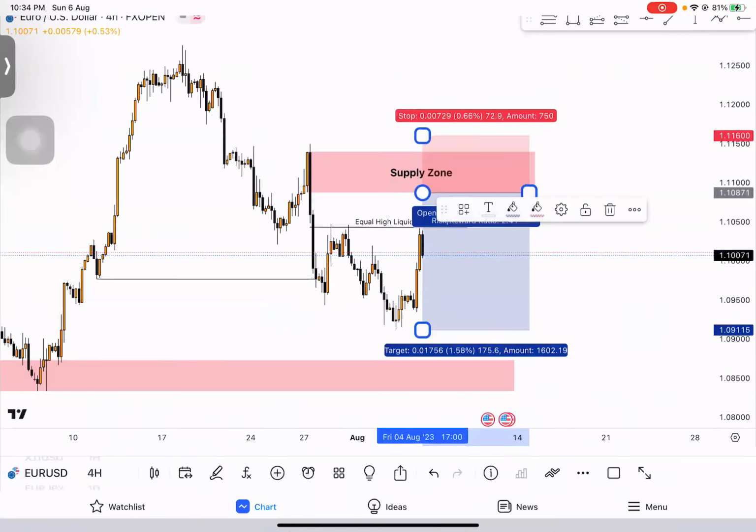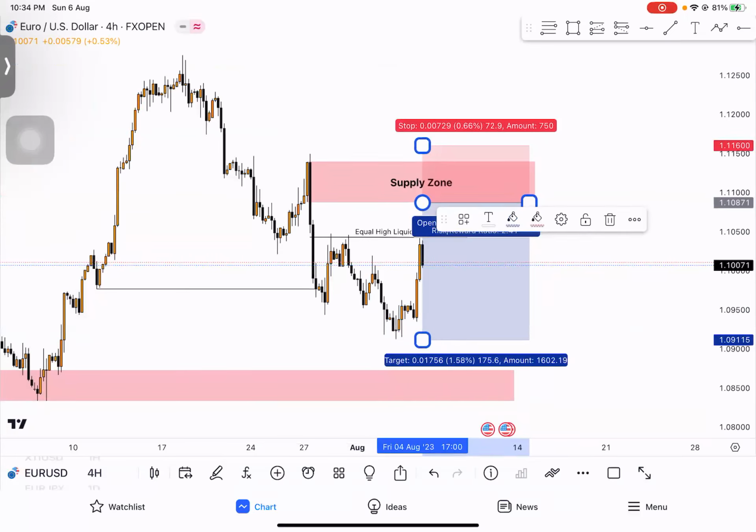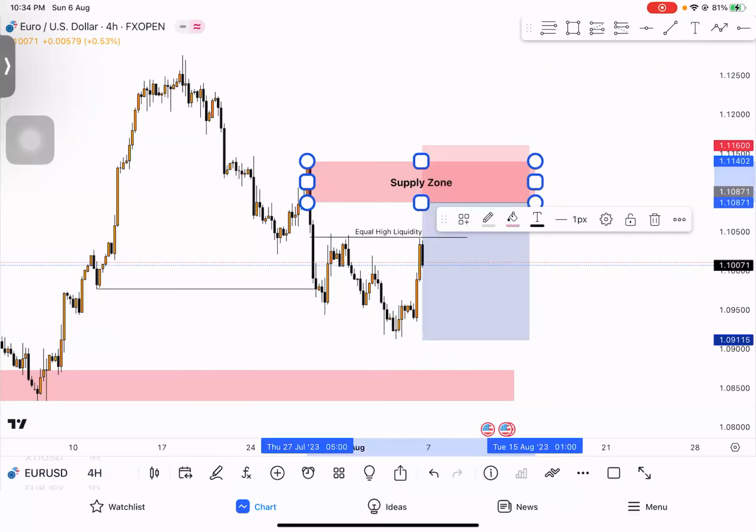For me, I usually don't take an SL more than 20 pips away from the zone. It depends on the zone, but this zone for me is quite big, to be honest. So I better not put the sell limit. We just wait for the price to come in, and then shift to the lower time frame and place the entry for next week, or for tomorrow actually.